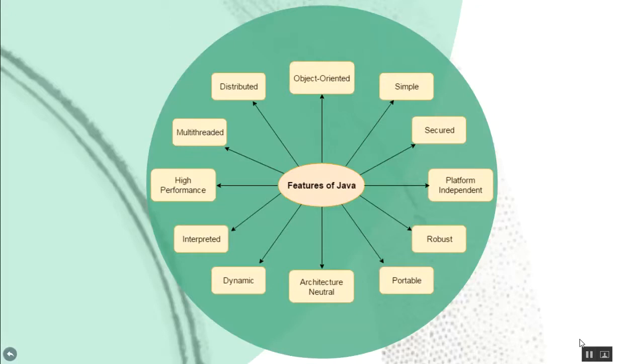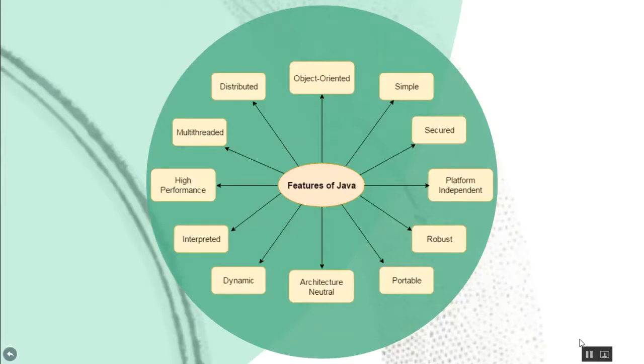Then architecture neutral. There is no implementation of dependent features in Java. If you compare with the C language, in C a data type occupies 2 bytes of memory for a 32-bit structure, while 4 bytes of memory for a 64-bit structure. But that's not the case in Java.